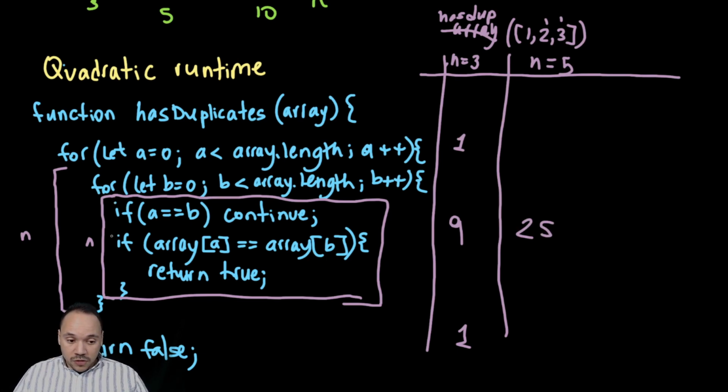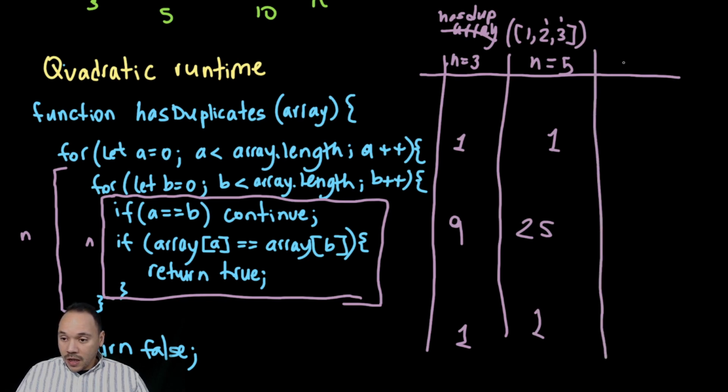You can even run this program and add a printout in here, so you can see it will print out 25 times. And this will be 1, and this will be 1. What about if we have an array that has 10? At this point we are going to see that this is n by n, so it's going to be 100 times.